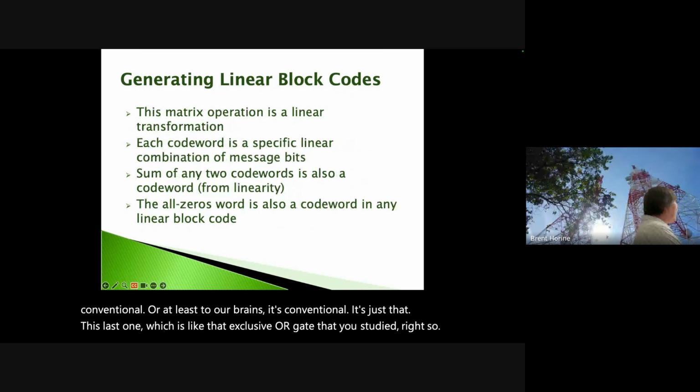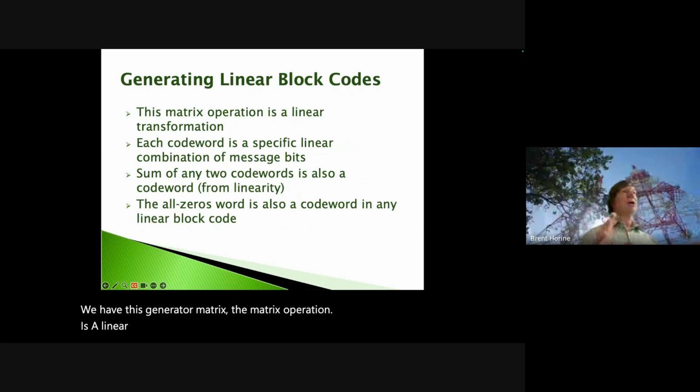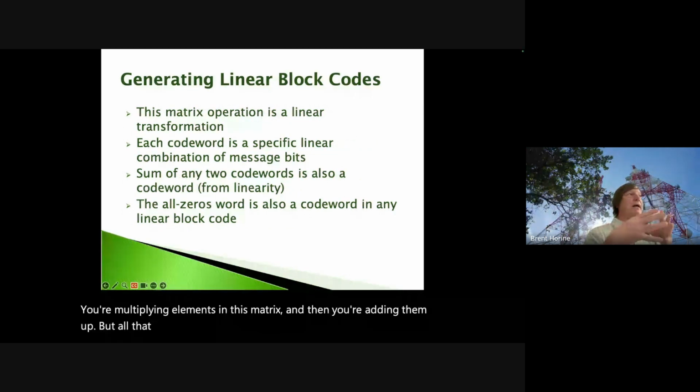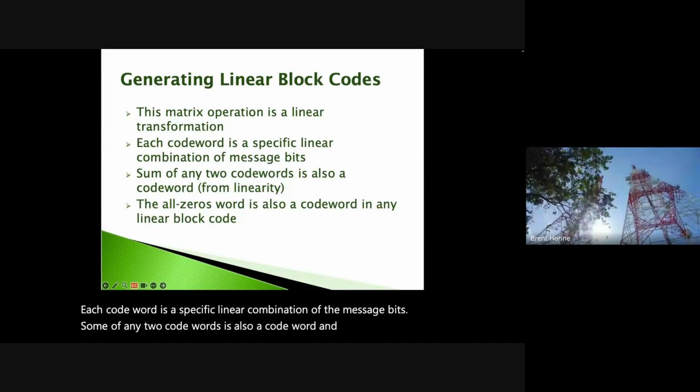So we have this generator matrix. The matrix operation is a linear operation, right? You're multiplying elements in this matrix, and then you're adding them up. But all that is a linear type operation. Each code word is a specific linear combination of the message bits. The sum of any two code words is also a code word, and that comes from this linearity property.